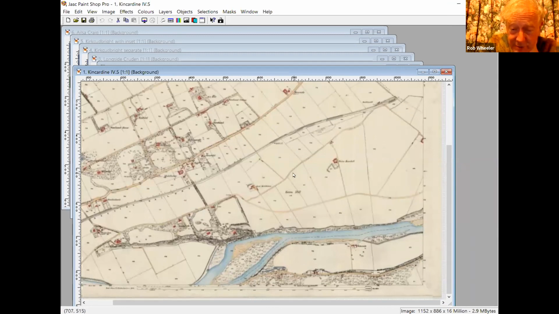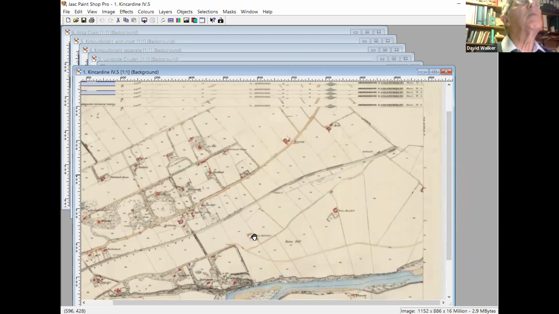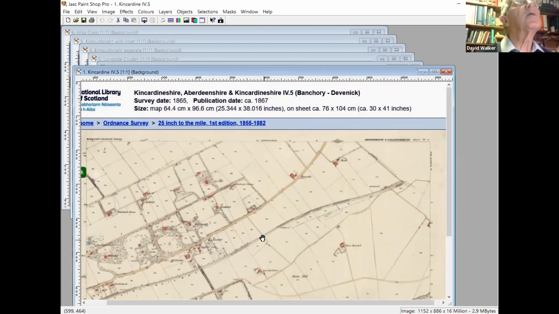It's incredibly messy, but they do seem to have done it sometimes. Could be, but they printed it under a Banffshire sheet reference, you see the 4-5 at the top, and they didn't have an Aberdeenshire sheet to cover that area at that time.